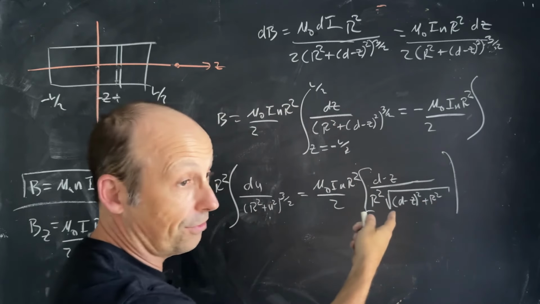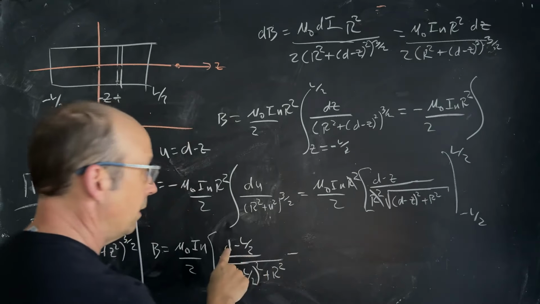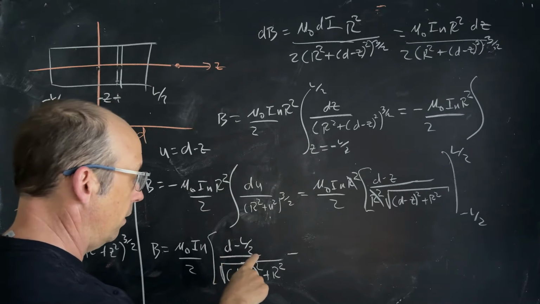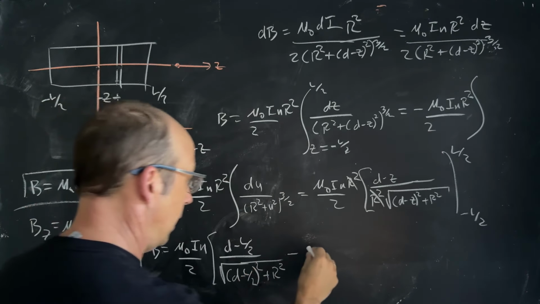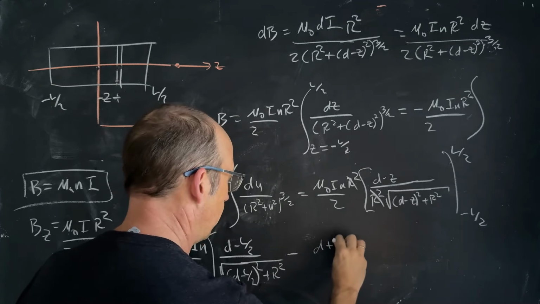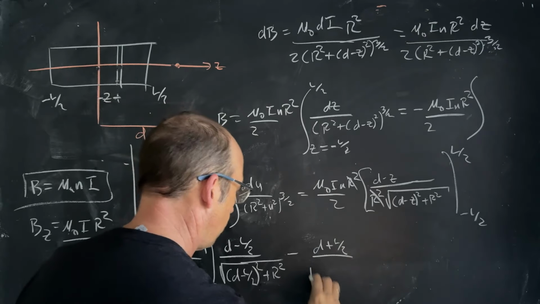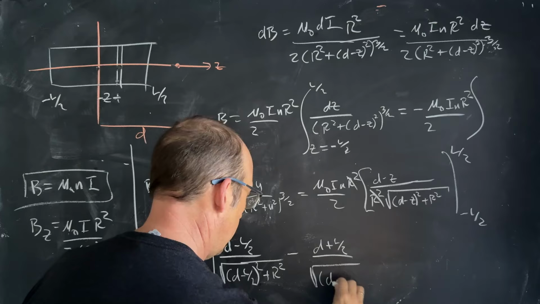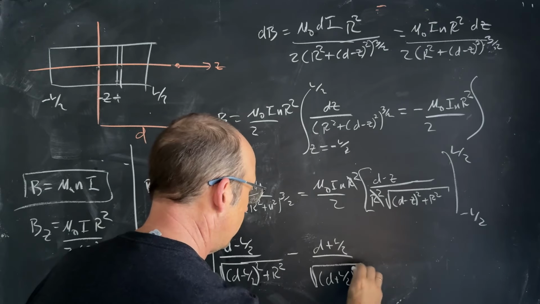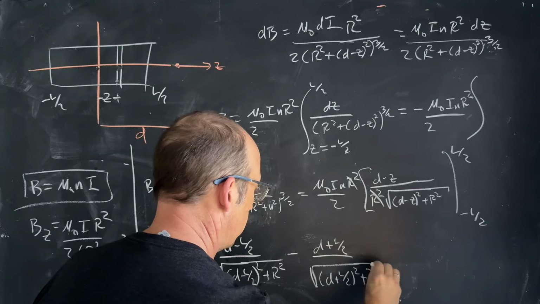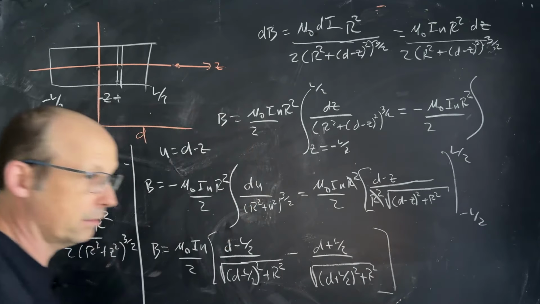And then minus this, so I get minus d plus L over 2 over the square root of d plus L over 2 quantity squared plus r squared. That's it. That is the answer. We should probably put a box around that. Let's do this hyper orange color right there. Look, it's boxed. It's official.